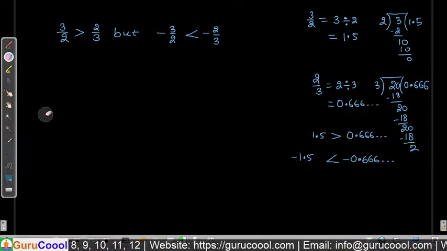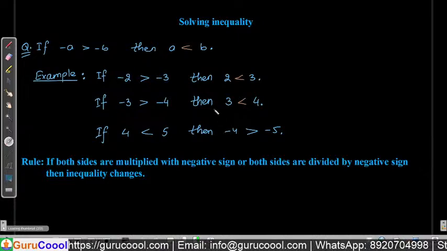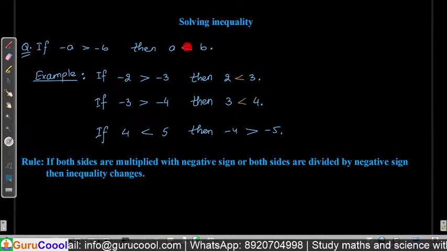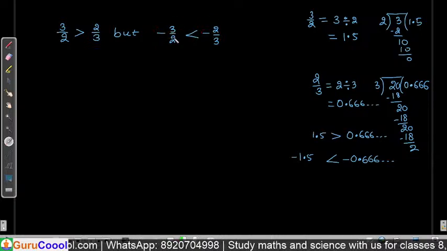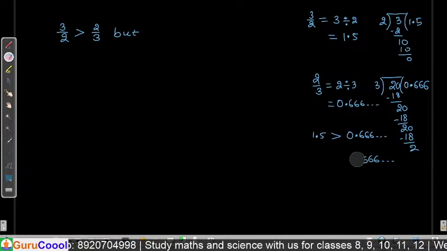Now I actually didn't want to multiply with minus, because this is something we already discussed on the previous page. If you multiply both sides by a negative or divide by a negative, the inequality changes. We already have done this, so I don't want to discuss it. I'm going to erase it. My point is not that.